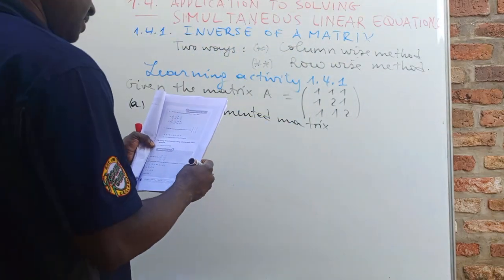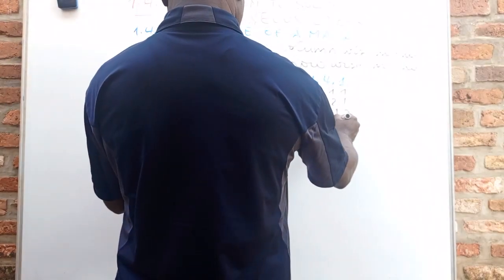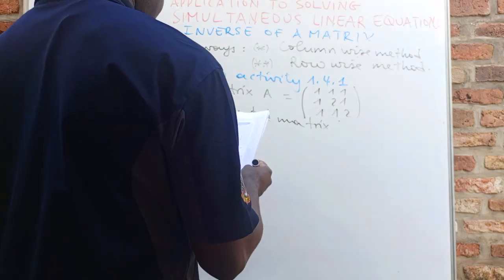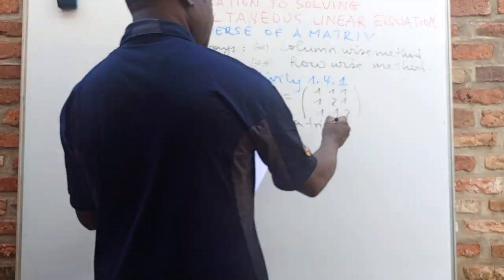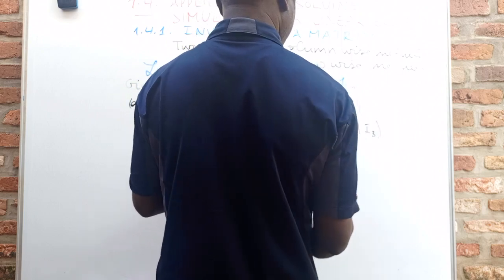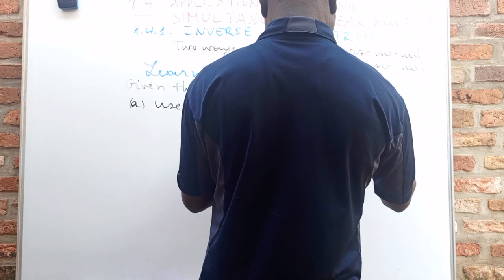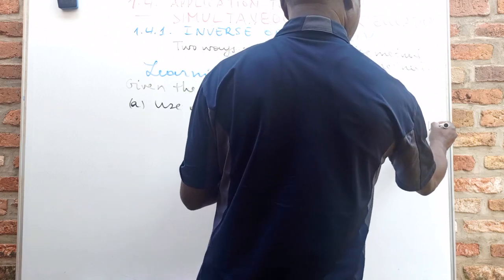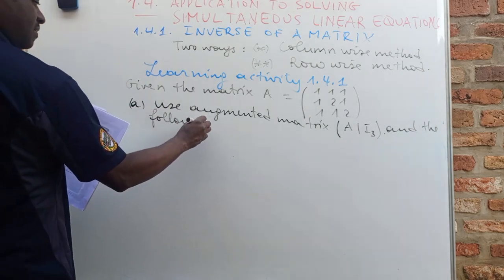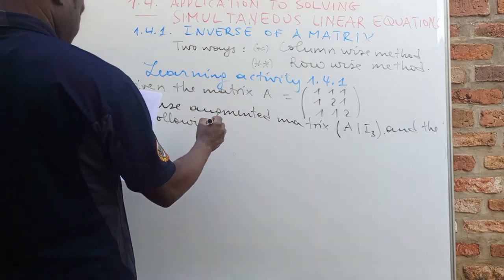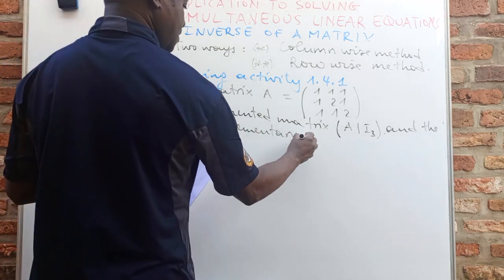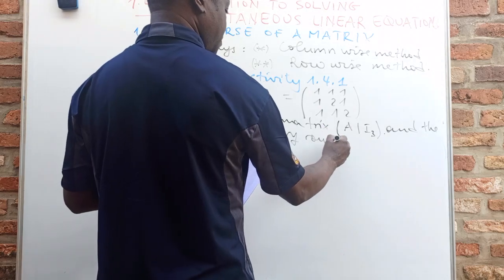If it is to find the inverse, you are going to use Gauss-Jordan and the following elementary row operations.